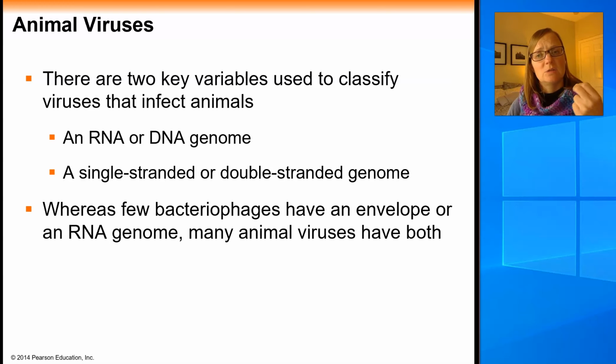But animal viruses do. What's different about plant, bacterial, and animal cells? Well, plant cells and bacterial cells have cell walls, right? These rigid structures on the outside of the cell that help to protect the cell. Animal cells do not have a cell wall. We just have a membrane.